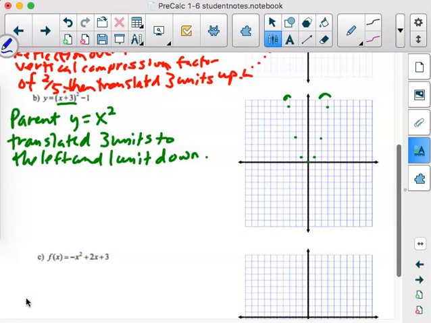So my final comes from following that order of transformations that I had, which was translating 3 to the left and 1 down. So with this, all I really have to do is move my vertex 3 to the left and 1 down. And then move each one of my points 3 to the left and 1 down.